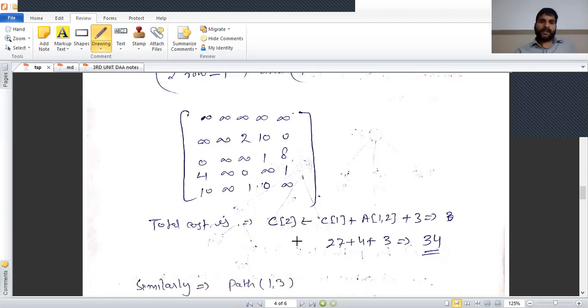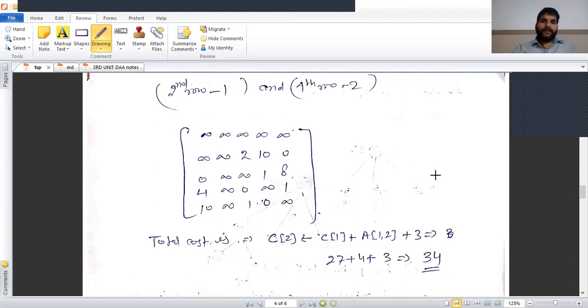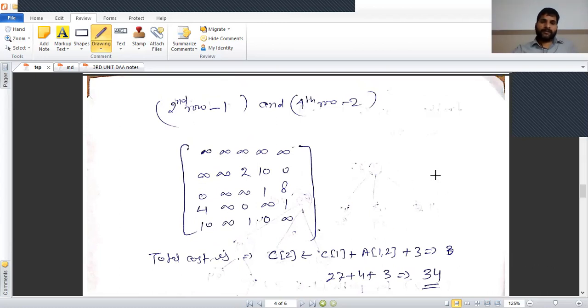The total cost C2 equals the cost of the original reduced matrix C1 plus the cost A(1,2) plus R. It means 27 is the actual cost, 4 is the cost in the first matrix for 1 to 2, and the total subtraction for finding the reduced matrix, R, equals 3.